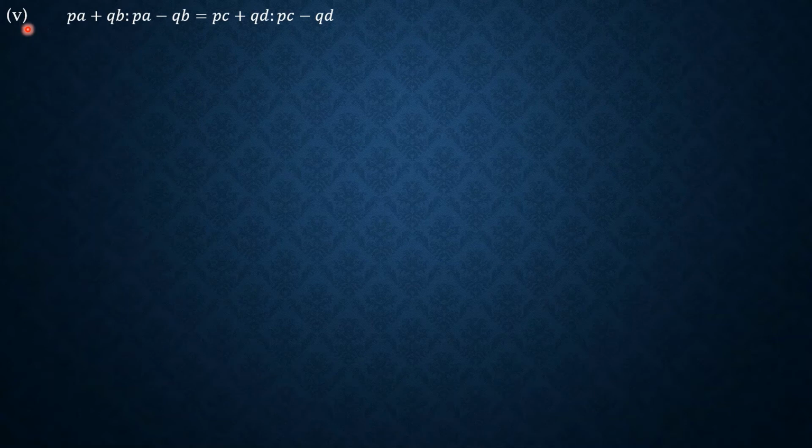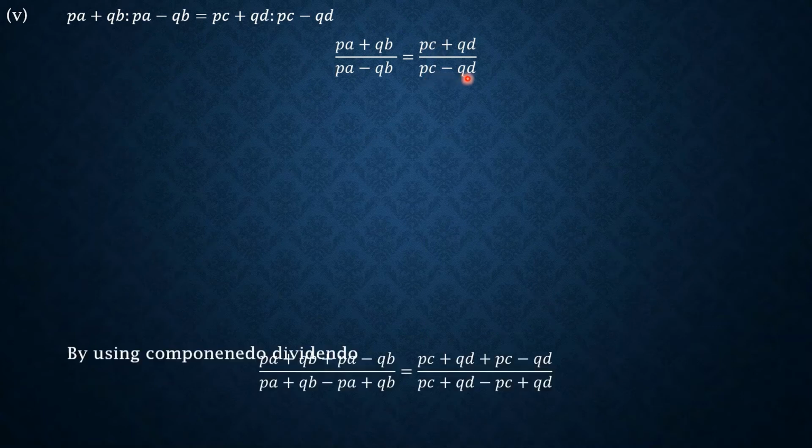Now fifth part of the question is PA plus QB ratio PA minus QB equal to PC plus QD ratio PC minus QD. In fraction form, this can be written as PA plus QB divided by PA minus QB, this equal to PC plus QD divided by PC minus QD.